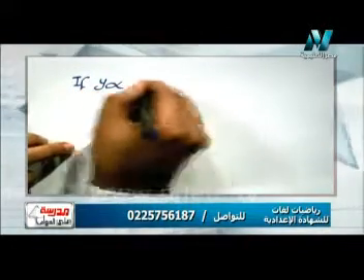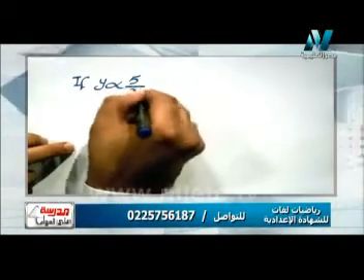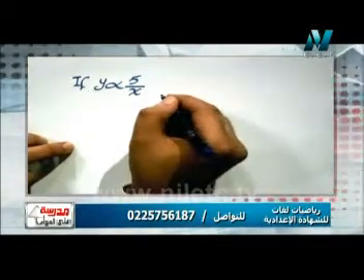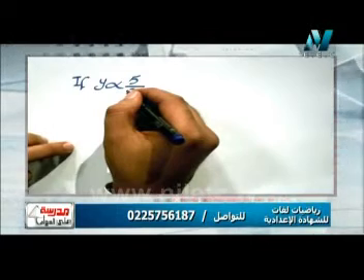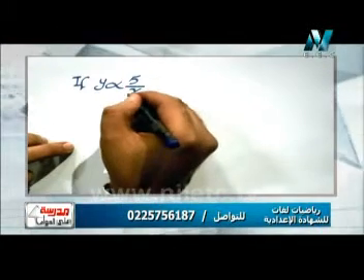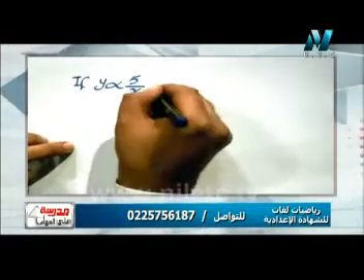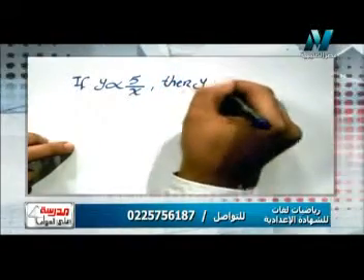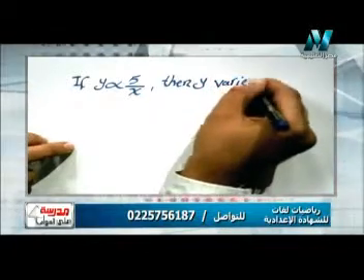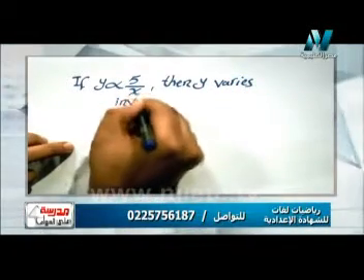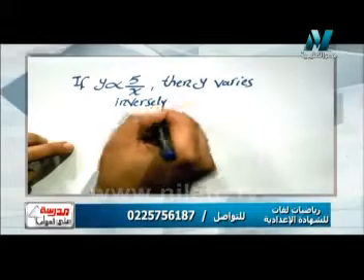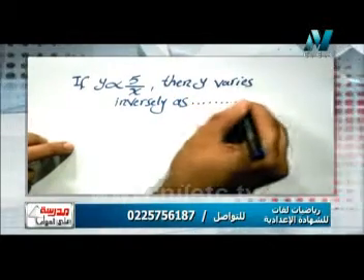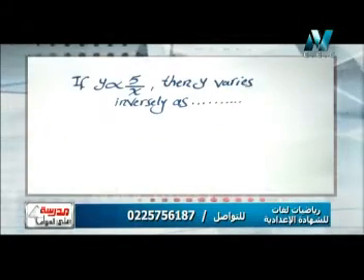If y varies 5 over x, then y varies inversely as x.